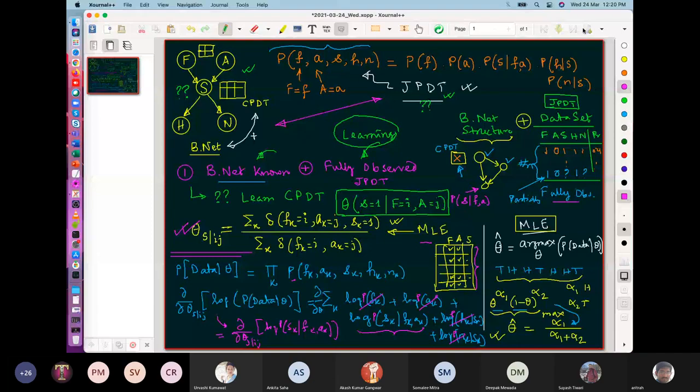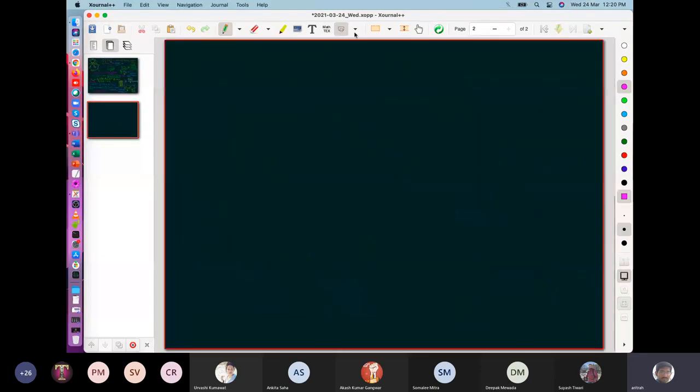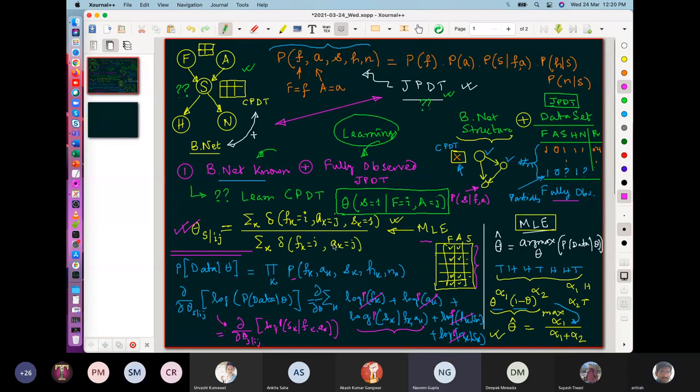Moving on. Next, as you can understand, the Bayesian net should be known, and the data should be partially observable. That is problem 2. Sir, could you show an example for the previous problem? Yes, make an arbitrary table of, let's say, 10 columns by yourself, 1 0 1 1 0 and all that.